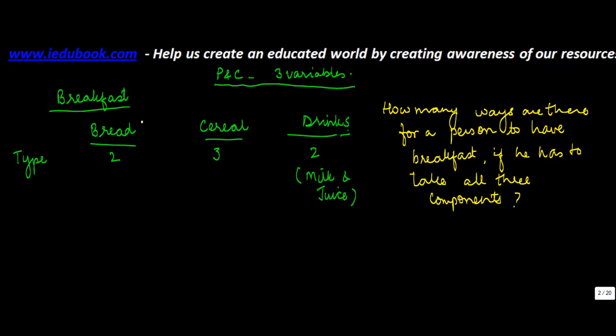So it's not that you take bread alone, or you take cereal alone, or you take drinks alone. It is also not possible that you take bread and cereal and not drinks, or you take cereals and drinks and not breads. So all these three have to be taken.